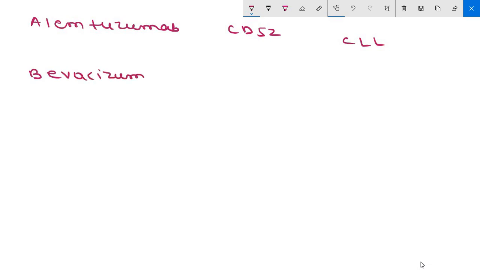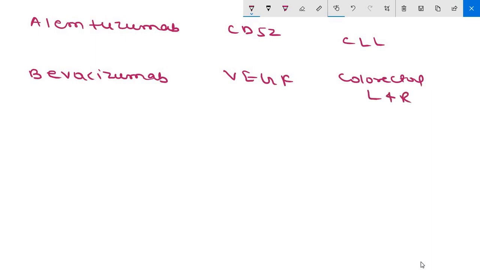Now the monoclonal antibodies approved for treatment that we are going to discuss. The first one is alemtuzumab. It targets CD52 and is approved for treatment of CLL, chronic lymphocytic leukemia. The next one is bevacizumab. It targets vascular endothelial growth factor, and is approved for treatment of colorectal, lung and renal cell cancer.